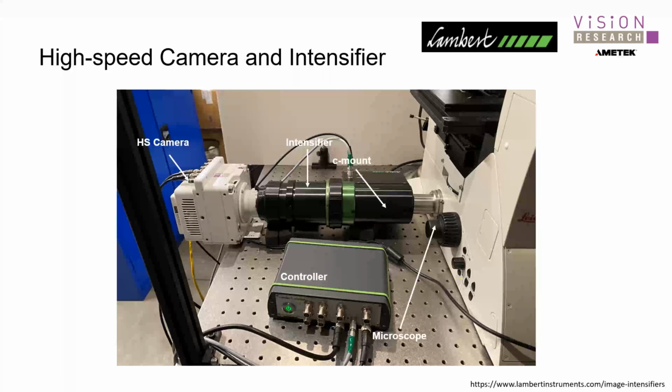Another interesting area is people integrating high-speed cameras with image intensifiers. Here you see a high-speed camera hooked up to an image intensifier, which is then hooked up to a microscope. So essentially what you have here is the same setup you would have with a normal imaging camera, except now you have the upgraded image intensifier and camera, right?